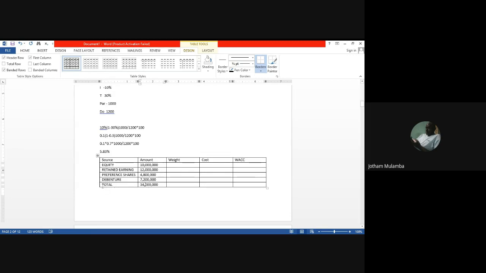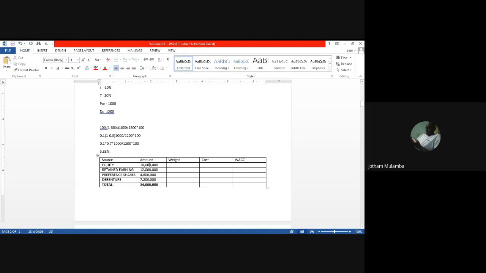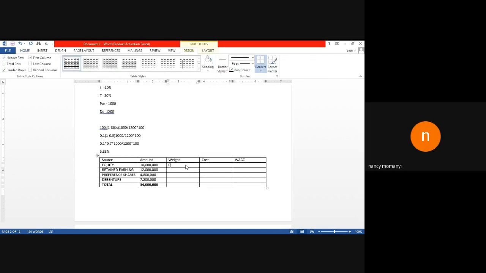So now we want to get weight. Now for us to get weight, we divide, like for equity is 10 million divided by 34 million. Who has the weight for that? 10 divided by 34. Who has the weight in 4 decimal? 4 decimal, please. 0.2941.